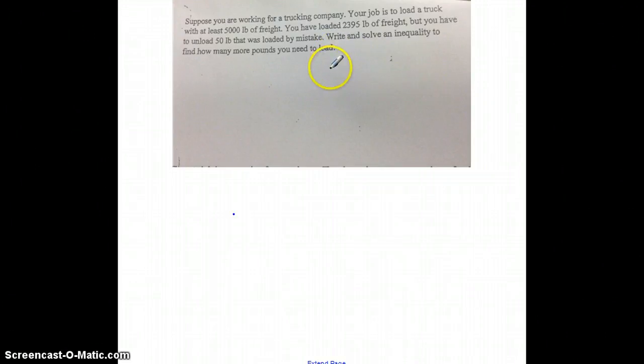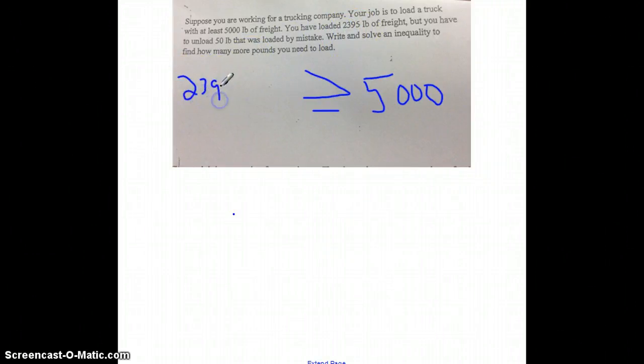Well, we can start off with this. We know we need to load up at least 5,000. So there's our at least 5,000. Now they're telling us we already loaded up 2,395, so 2,395 is what's on there already.